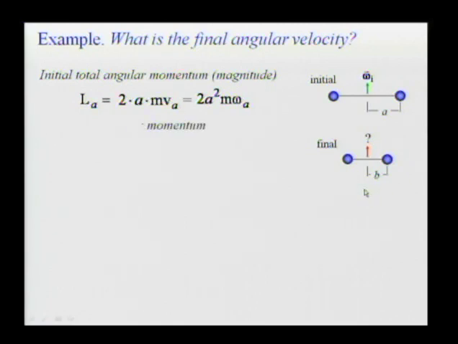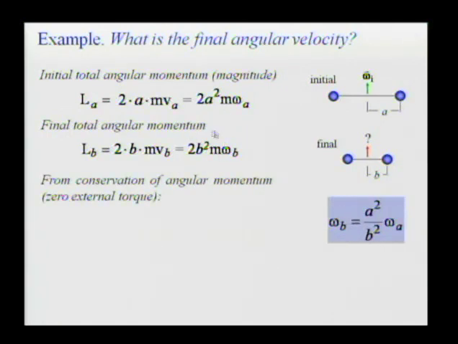If we do the same thing for the situation when the objects are closer, I can express it in terms of the radius of the path of each particle and the magnitude of angular velocity in this configuration. Now, the net external torque is how much in this case? Zero, which means the total angular momentum is conserved, so these two expressions must be equal.